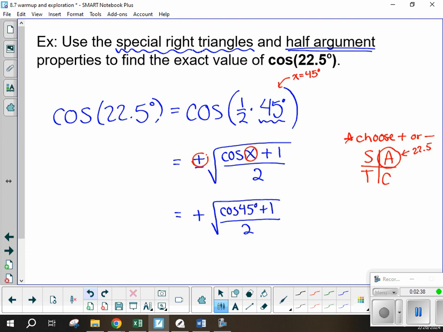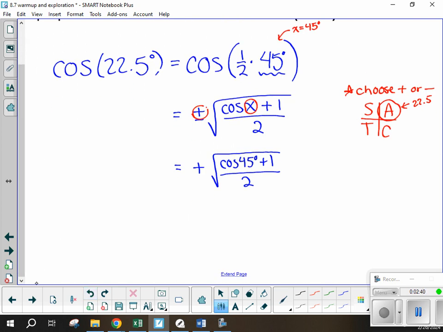We need to figure out the ratio on our own, but 45 is a special angle. We have this special right triangle we can work with, a 45, 45, 90. This one is 1, 1, square root of 2. We want cosine of 45, so we're looking at adjacent over hypotenuse.